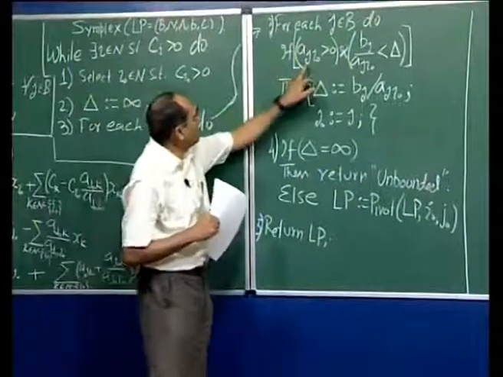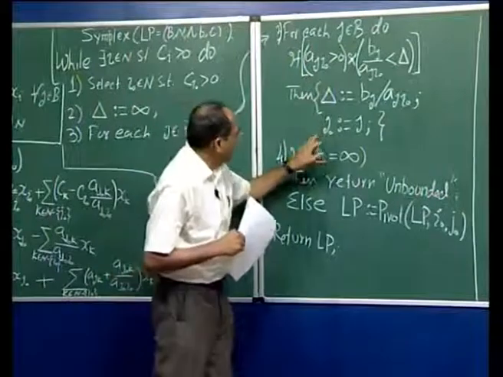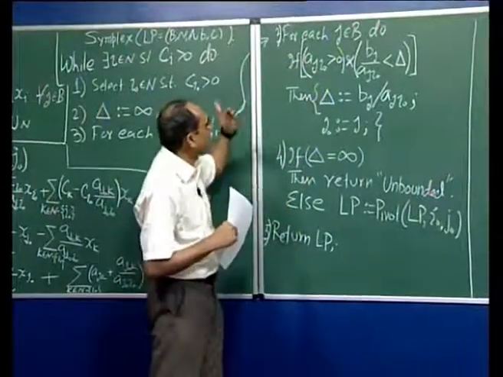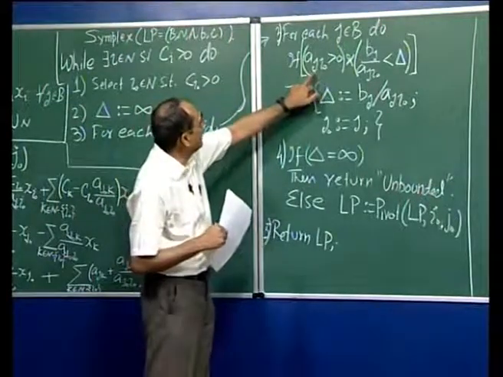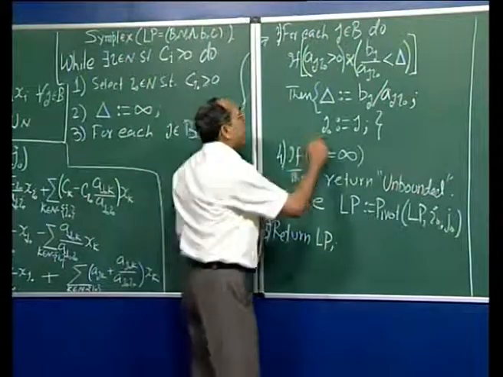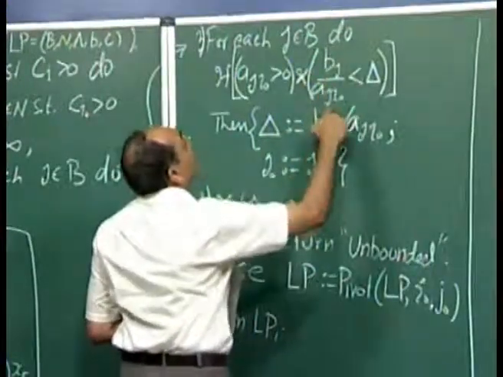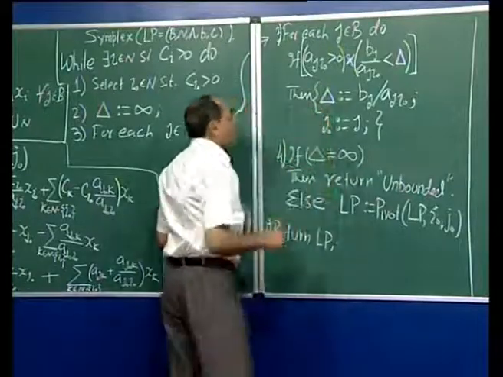If at least one of them is positive, then J0 will be set to that value. Subsequently, if there are several j variables such that aj I0 is positive, then we are going to select that J0 for which this quantity is the least, and that least value has been set into this delta.